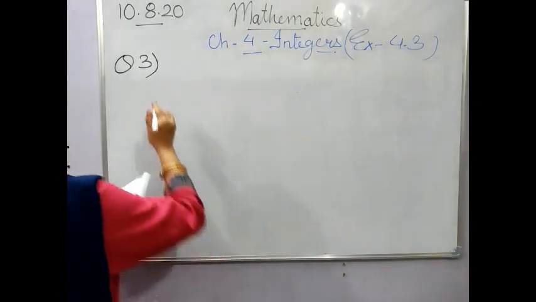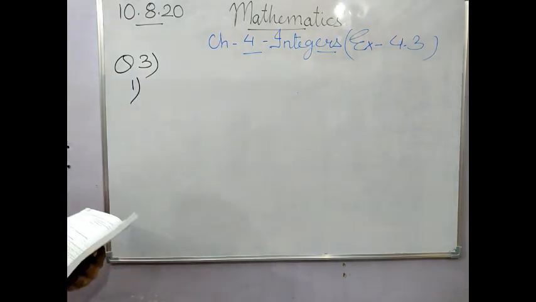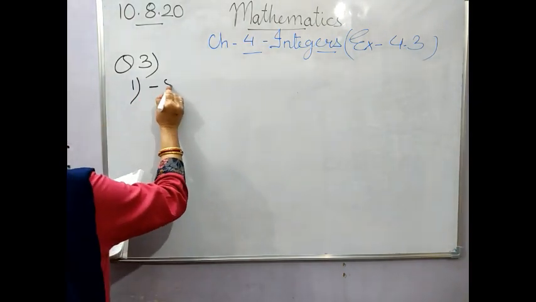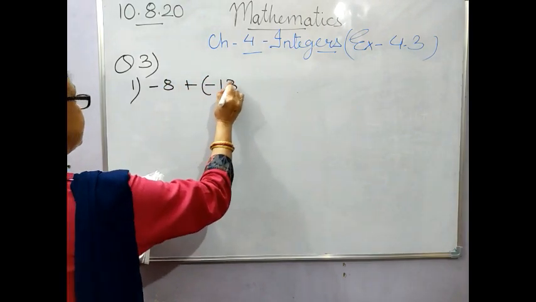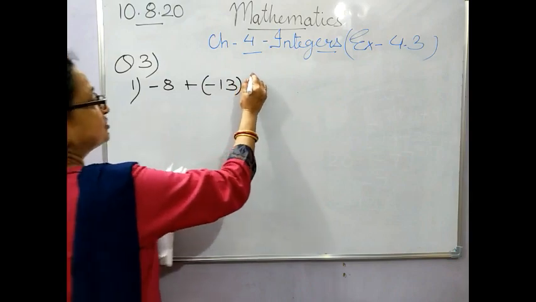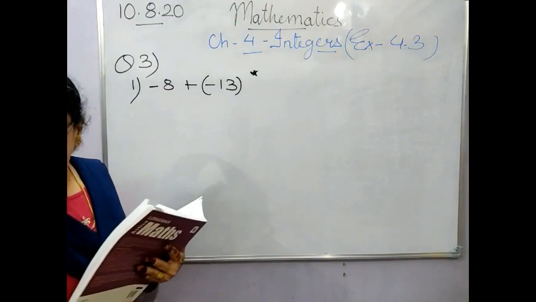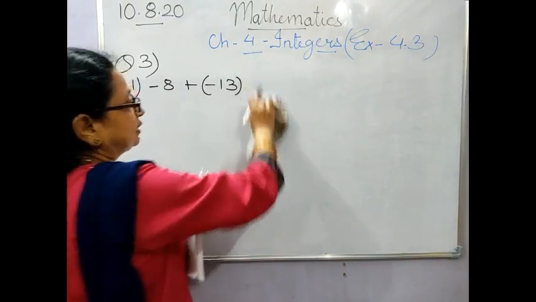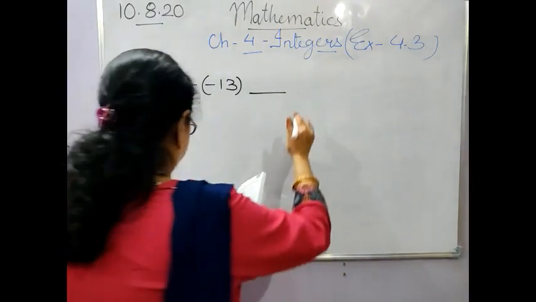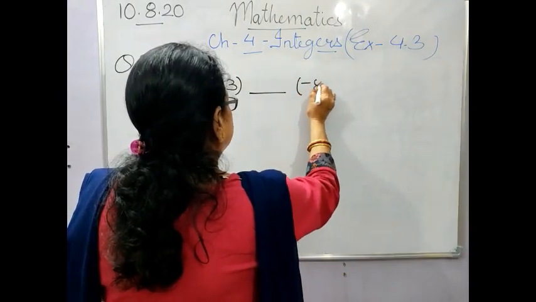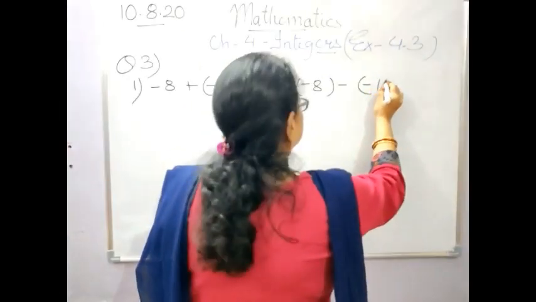See the first one. It is minus 8 plus minus 13. Now there is one asterisk sign over there. Instead of doing this, you will put a dash where you have to fill the answer. And then next is minus 8 minus 13.